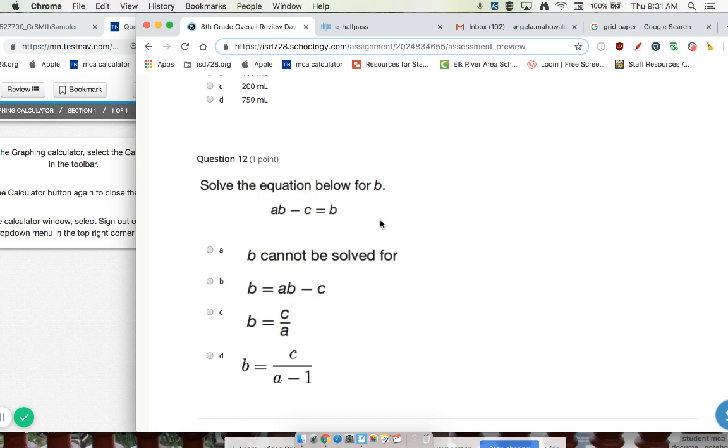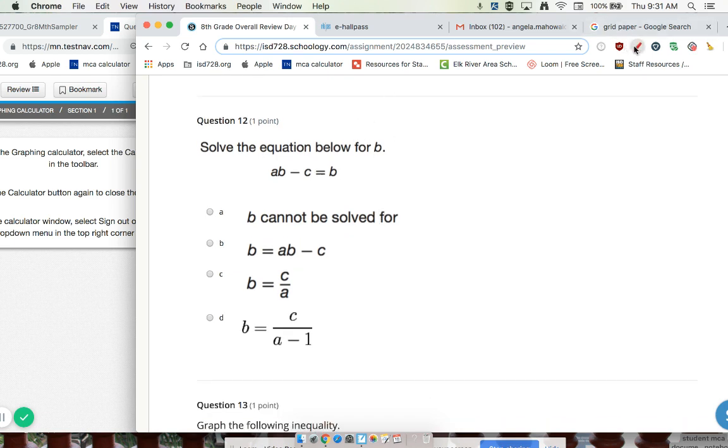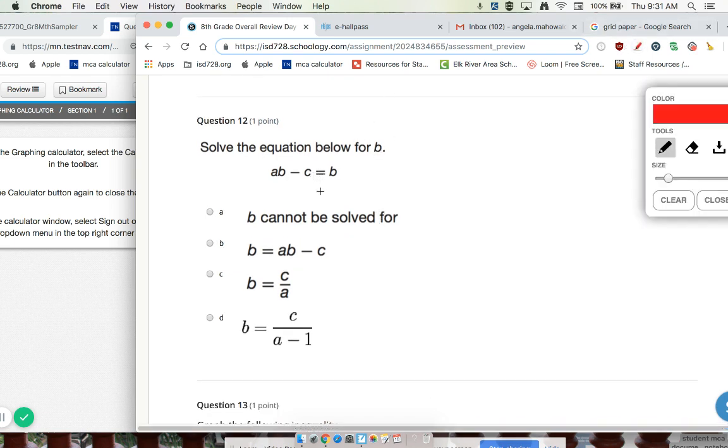Solve the following equation for b. Now, please note that this one looks a lot like the one where we did m or n on one of the first or second tests. I don't think you're going to have them this hard, but it's nice to just see. Okay, so anyways, I need b by itself.